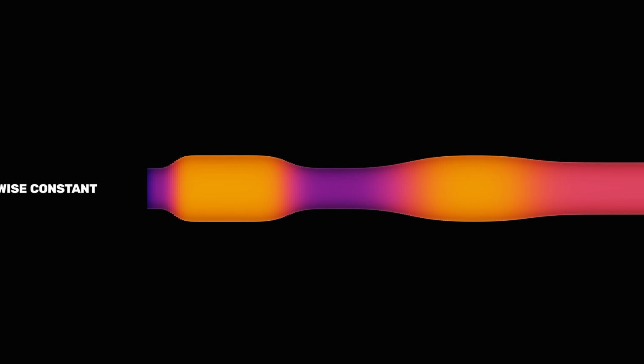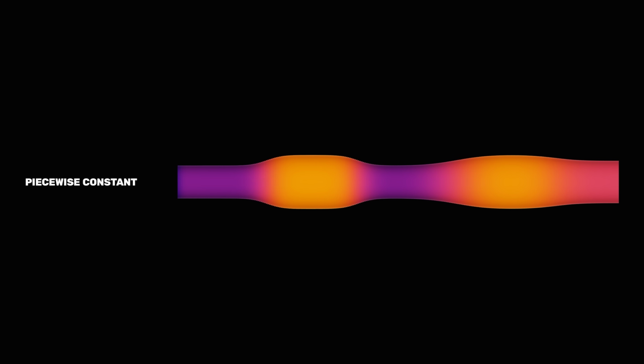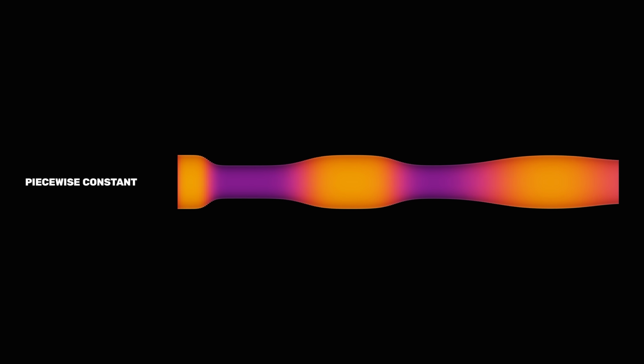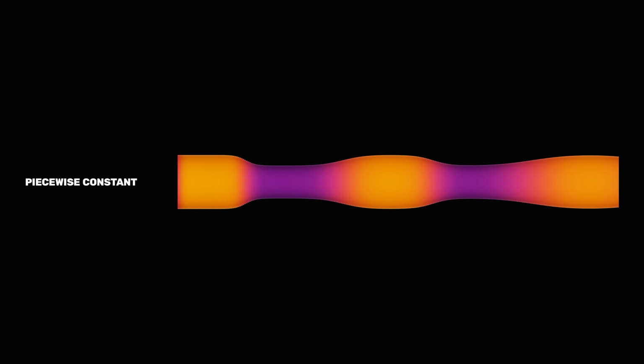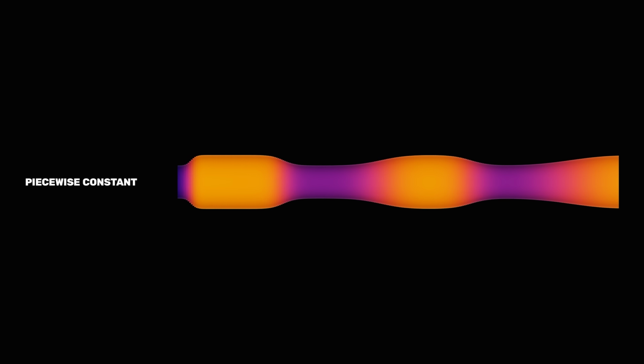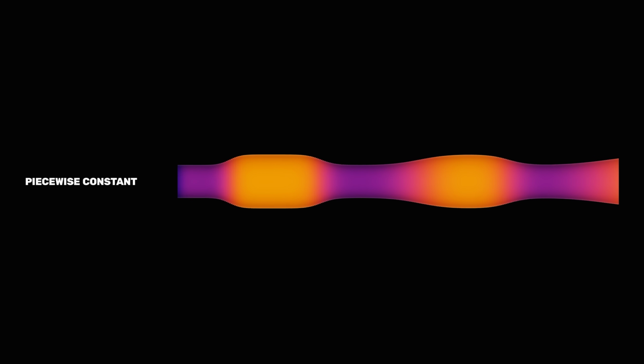To visualize how it works, imagine we have a one-dimensional simulation which is composed of finite volume cells. If we plot pressure and assume that it's uniform in each cell, we end up with a piecewise constant reconstruction of our domain. Using this input will yield a stable but diffusive solution where a lot of high-frequency detail is lost. In other words, the solution looks softer with less defined features.